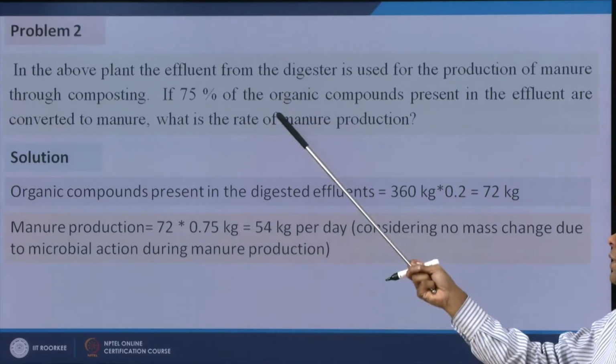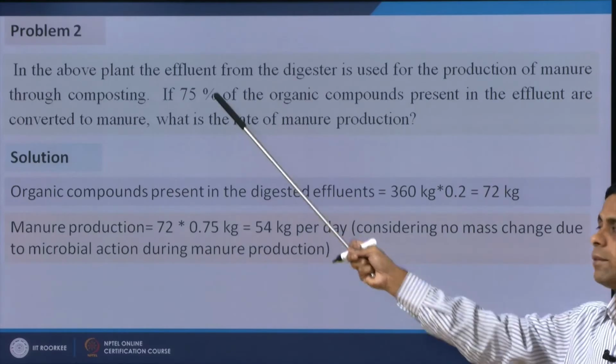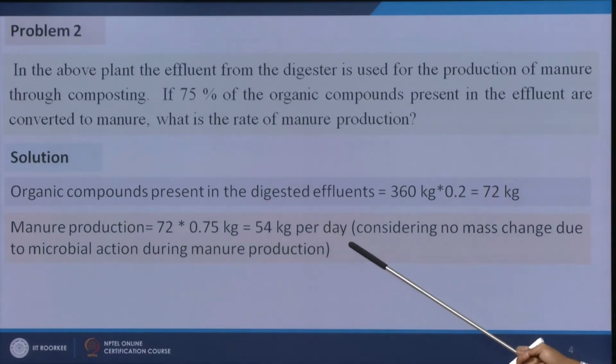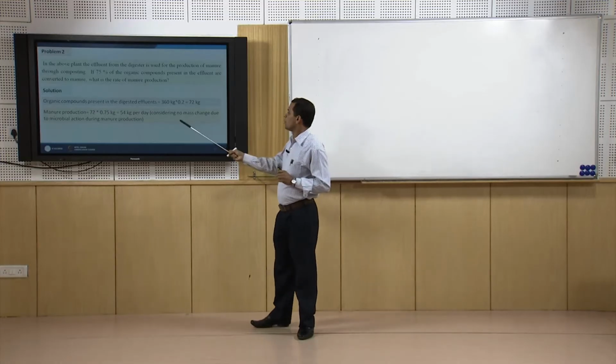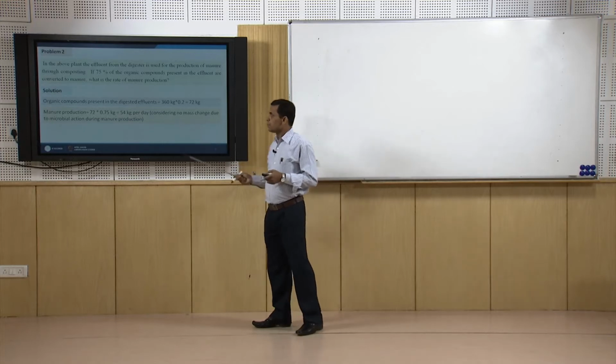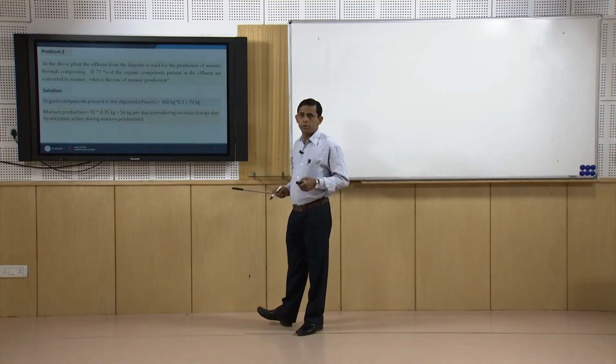So, 72 into 0.75 will be 54 kg per day. So, this will be the manure production. Here we are assuming that there is no mass loss or gain due to microbial activities. So, this is the solution of this problem.